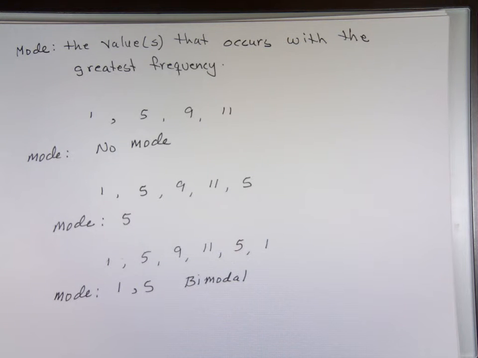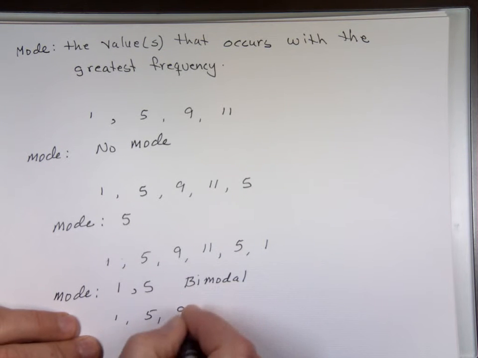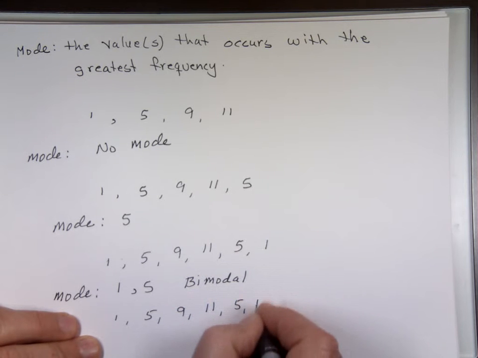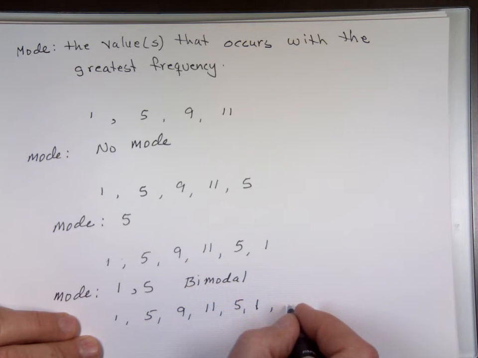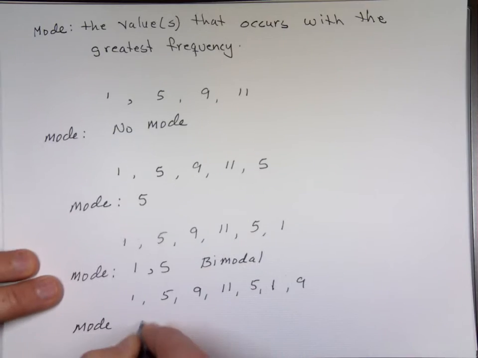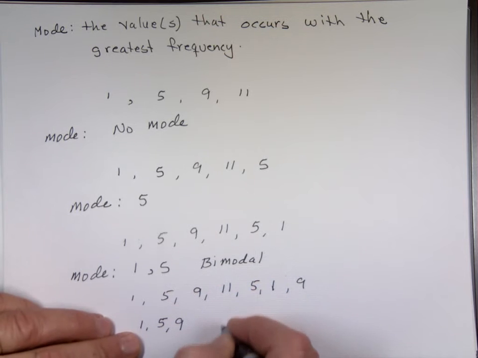Another example. 1, 5, 9, 11, 5, 1, 9 again. What's the mode now? 1, 5, 9. I have three modes. Multimodal, more than one, more than two.